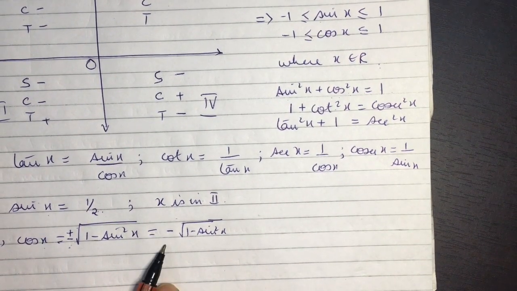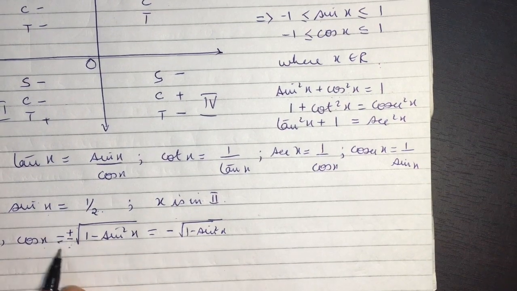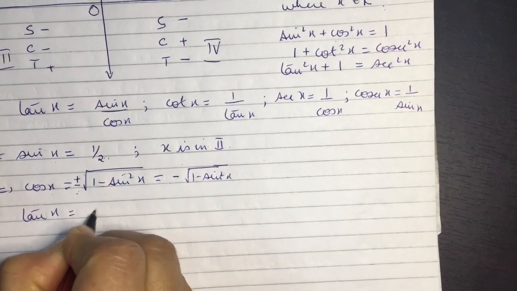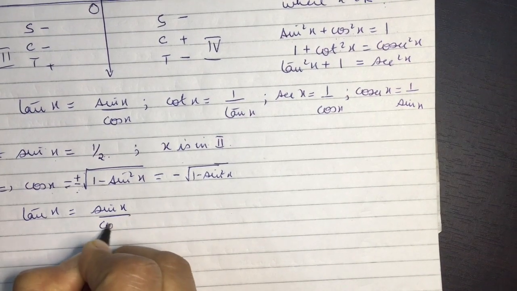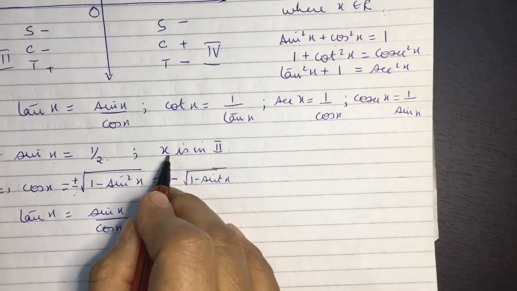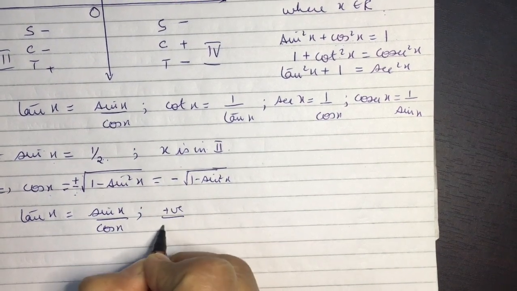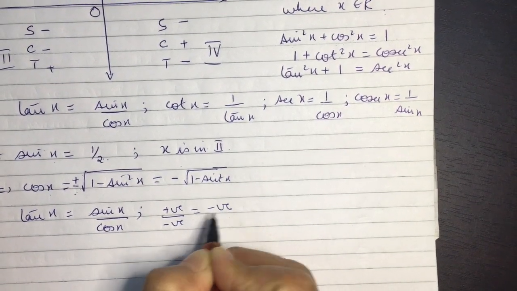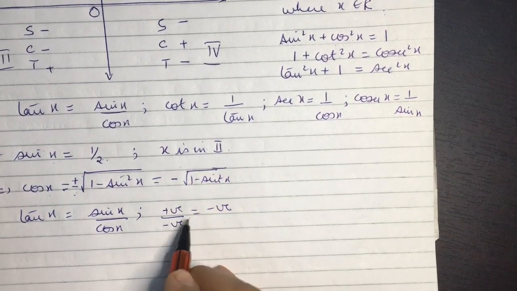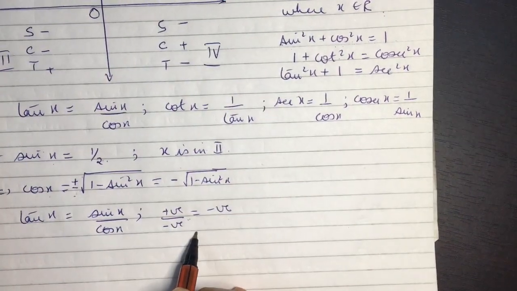Now once we have found this, we have the answer for cos x. Now tan x would be simply sin x over cos x, which is positive upon negative, which is negative, and we know that in the second quadrant tan is negative, so this is also satisfied.